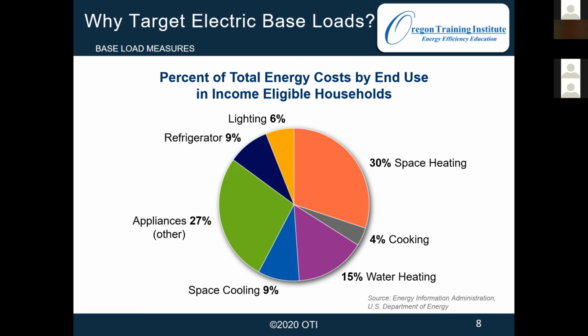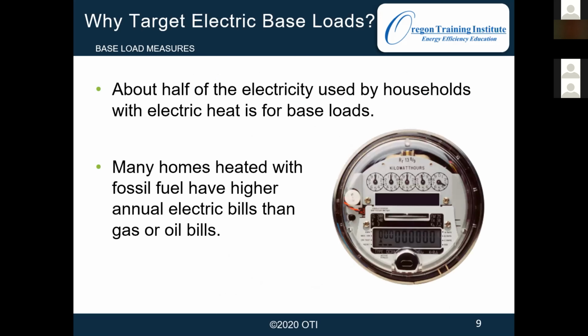But the total amount of usage has remained about the same because the plug load has grown so much and it's taken up that slack. It's that sort of take back. So in households that have electric heat, about half of the electricity on average is for the base load. So that can be a lot of their usage.